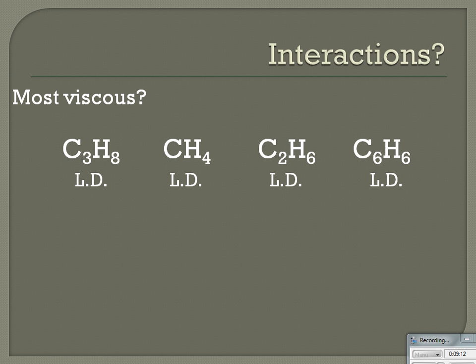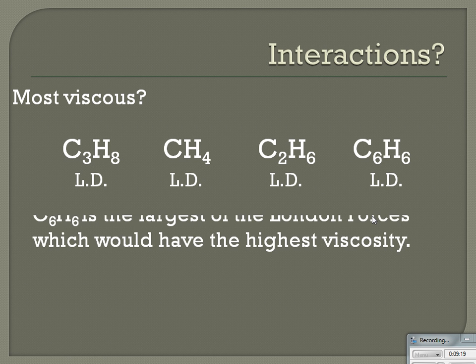So I want the strongest IMF here. In this case, they're all LDs, but we know something about that, and that is the larger the molecule is, the larger the electron cloud would be. And C6H6 is the largest of all those. So C6H6 would have the highest viscosity.